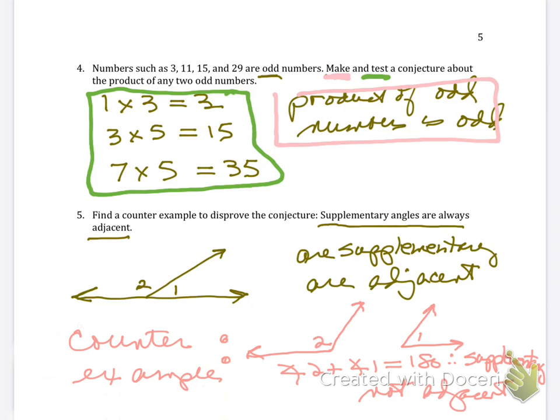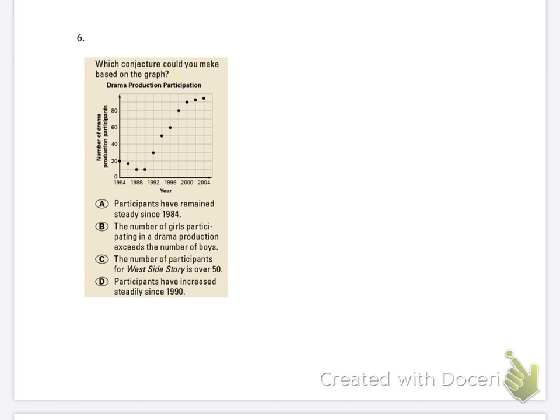Okay, we have one more problem in these notes, so let's do that on the next page. So this is reading. So you have to read for context, okay? So figure out what this is all about. So it says, which conjecture, okay, so which observation can you make, or what statement could you make based on the graph?